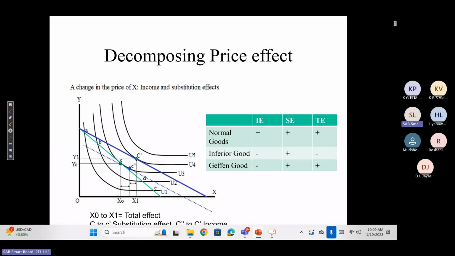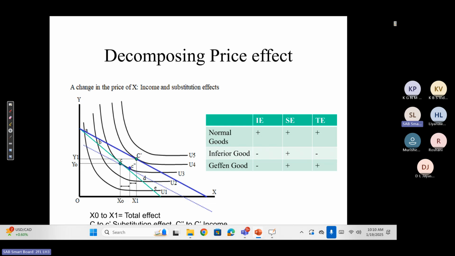We shift the budget line parallel to the left. These two budget lines are parallel. You need to shift the budget line parallel to the left until it is tangent to the previous indifference curve.